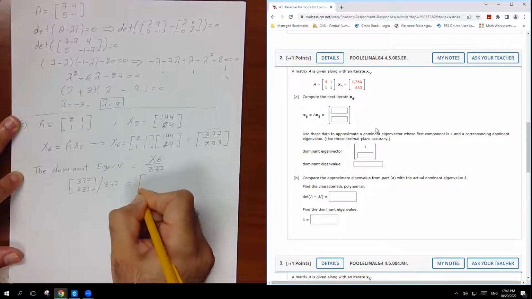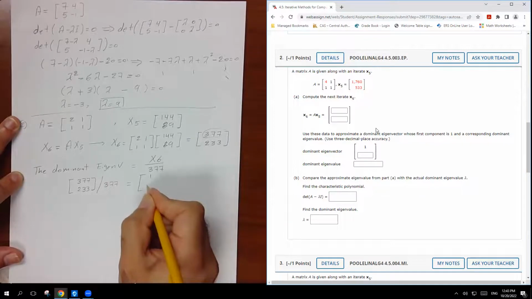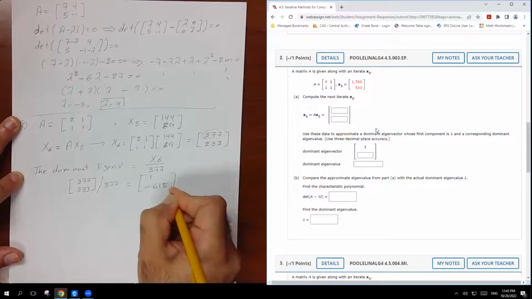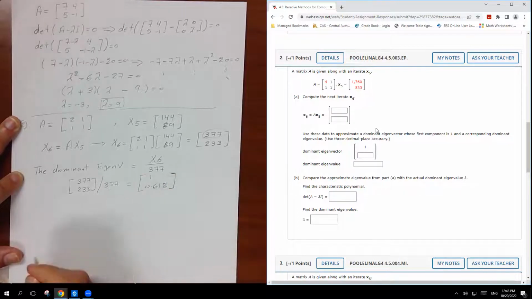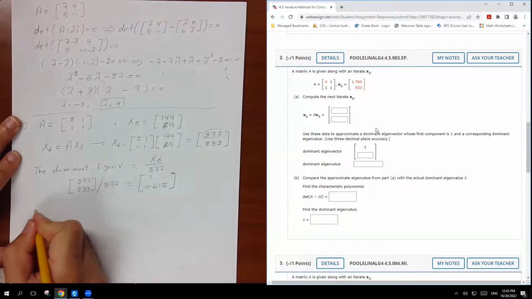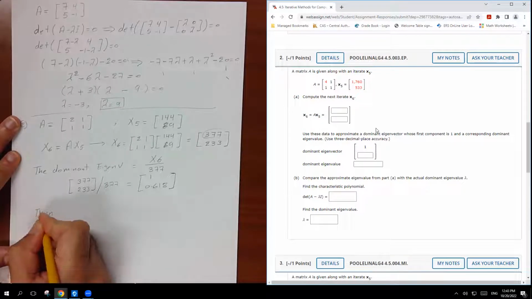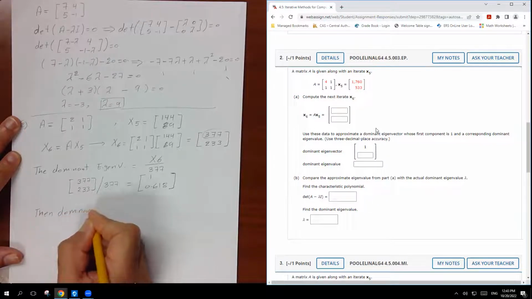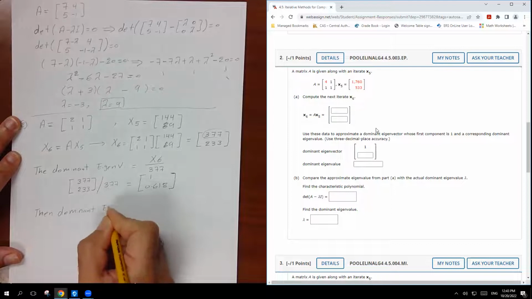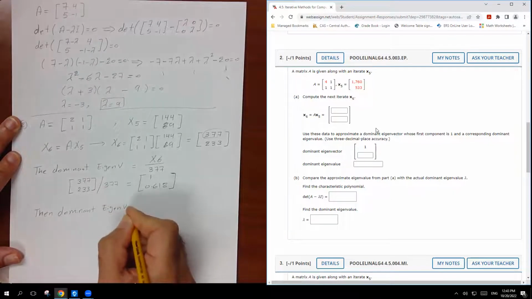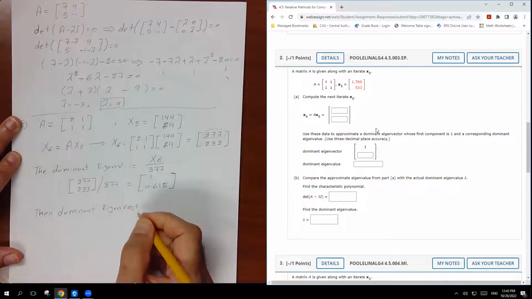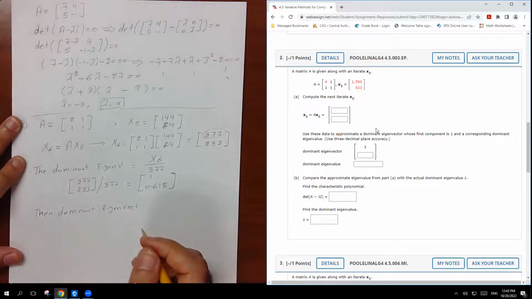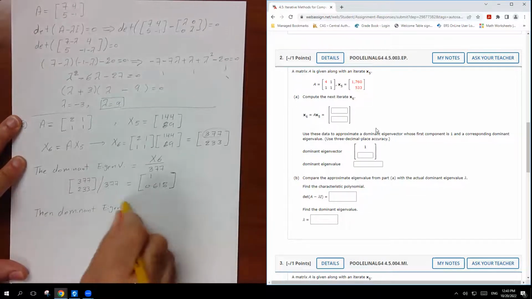And the result is going to be 1, and here is 0.618. That is the dominant eigenvector.